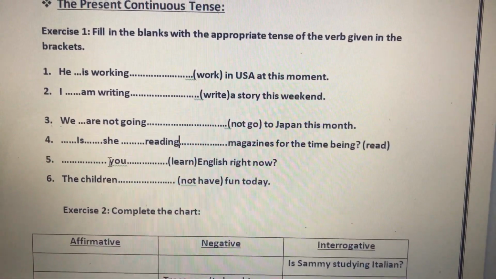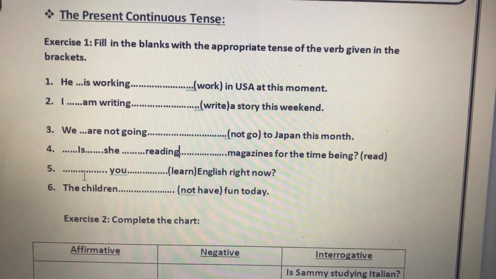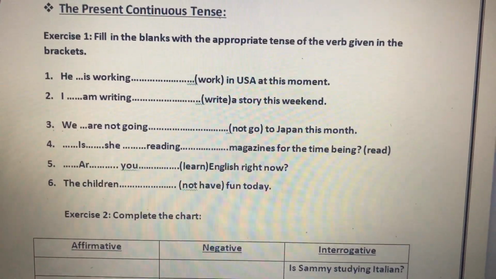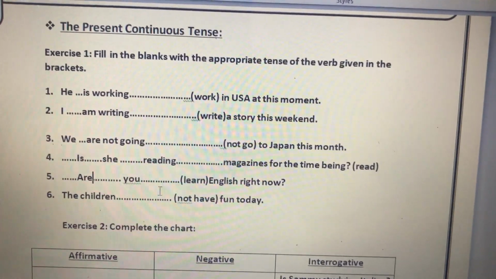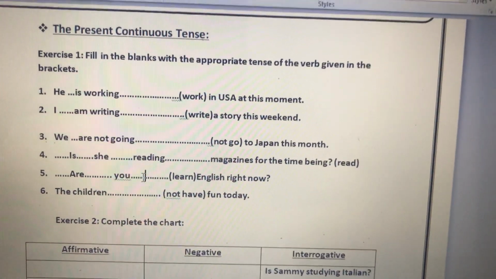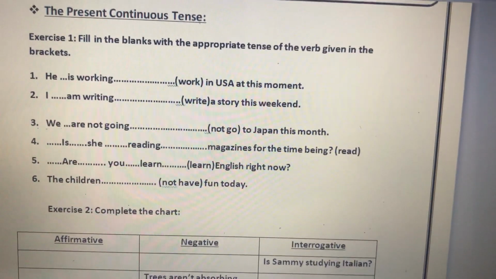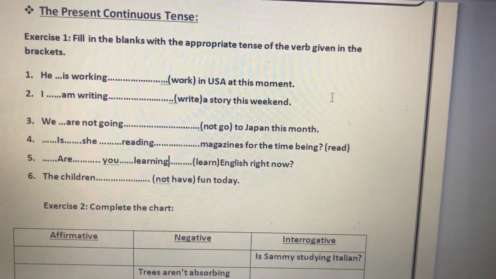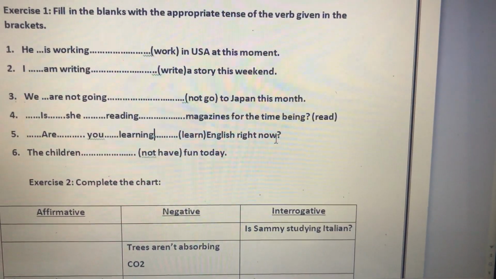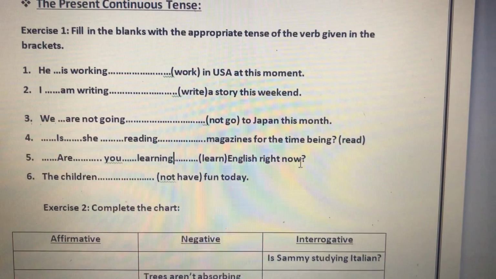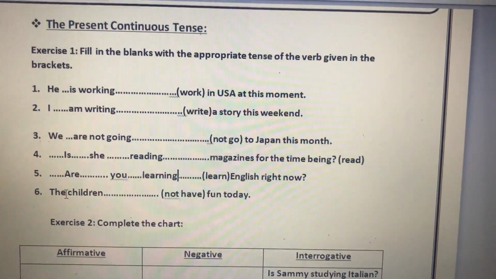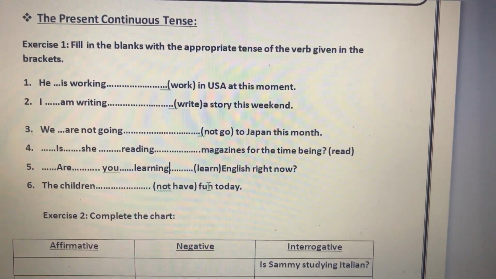Another question, but now the subject is you, so we have to add are. You, the verb is learn, it will become learning English right now, and we put learning because we have the keyword right now. The last sentence, the children not have fun today.